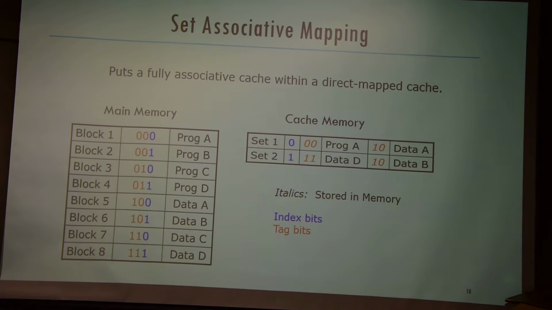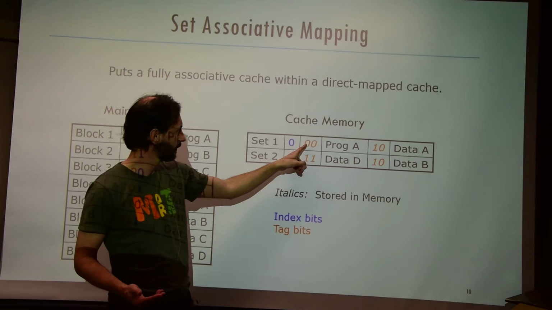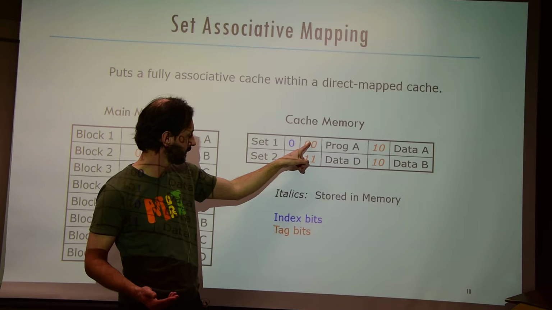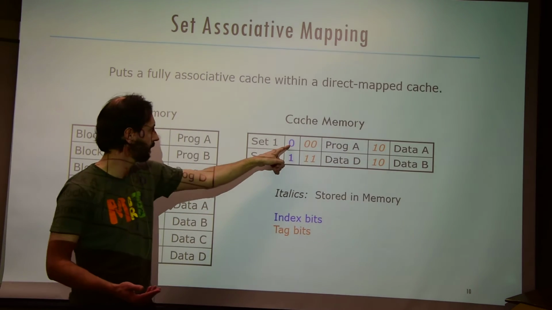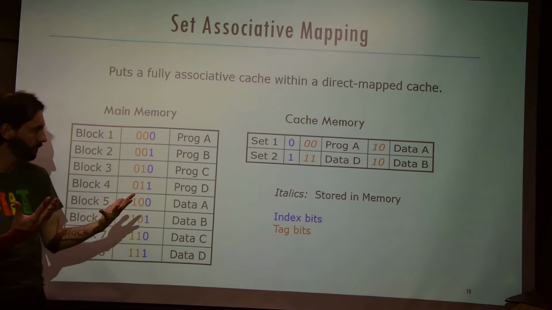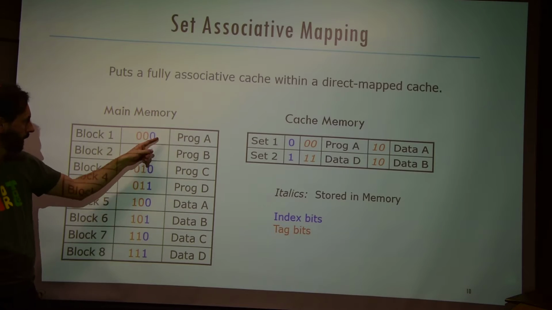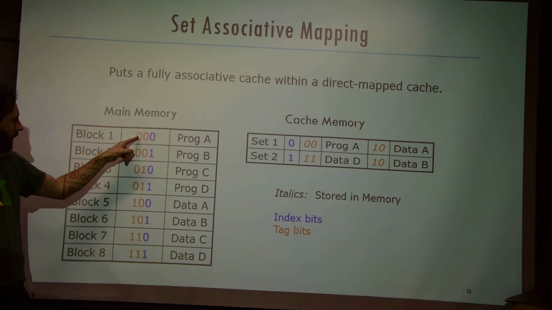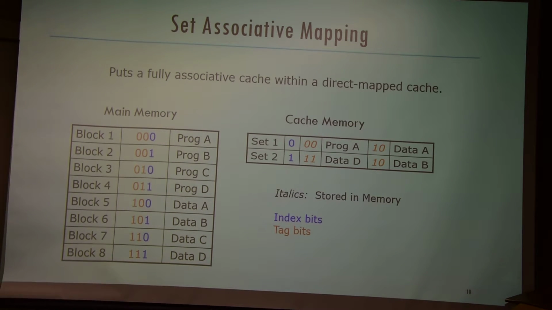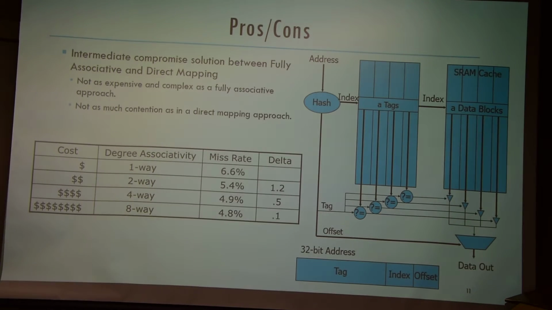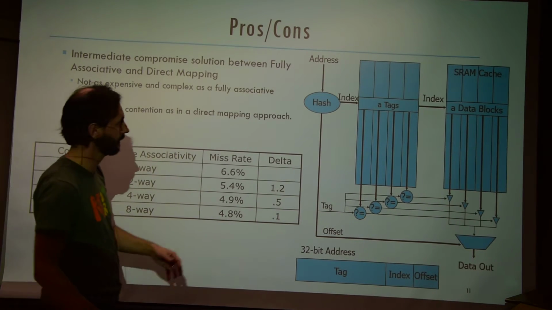Now you save a little bit of memory now, because I still need to store an offset, the tag bits 0, 0 and 1, 0, because program A is identified by 0, that's the set's color, if you will, right? But I also need to identify that I'm actually talking about this address, so I need to store the 0, 0 here as well. Okay, so it's a somewhat in the middle solution.